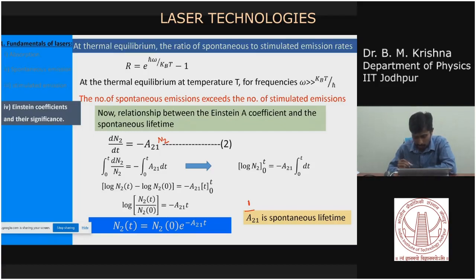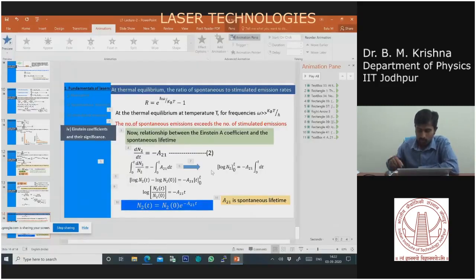This 1 over A21 we can also write as tau sp, the spontaneous emission lifetime. Any questions here? In the next class, we will discuss how this spontaneous lifetime leads to energy spread.